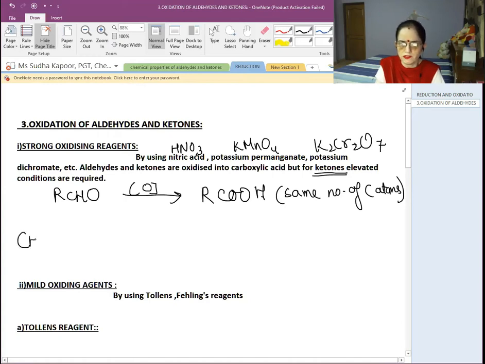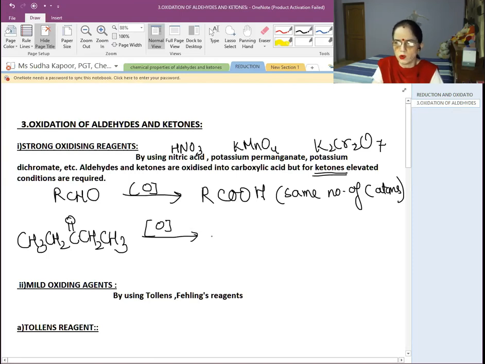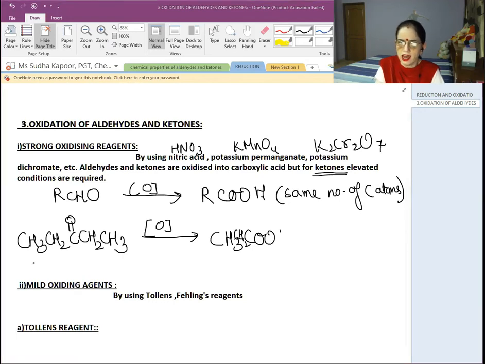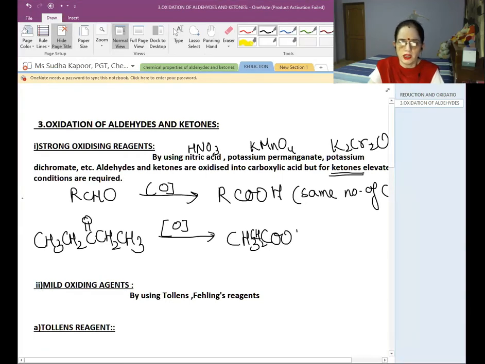Let us take an example of pentan-3-one. If we take pentan-3-one and oxidize it, we will get two acids: CH3CH2COOH, one of the acids, and the other one of lesser carbon atoms.